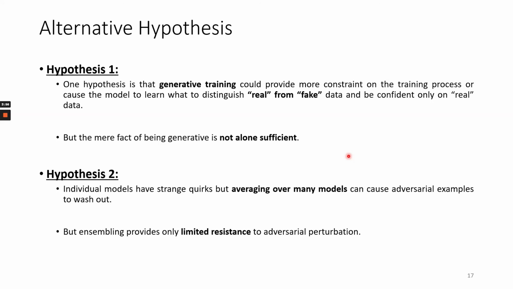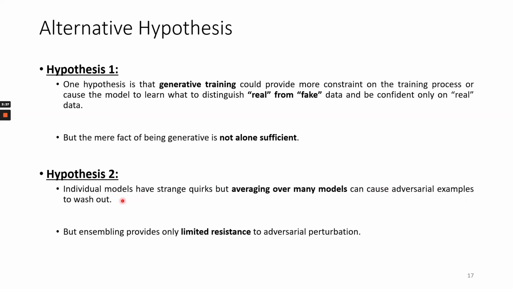Another hypothesis was that individual models might not be as effective in combating adversarial examples, but the averaging of multiple models can somewhat dampen the effects of adversarial examples.